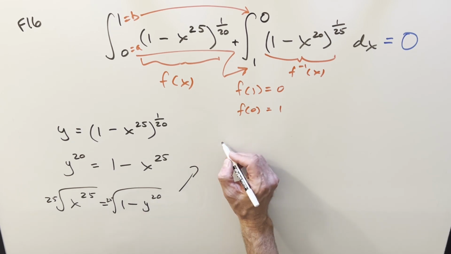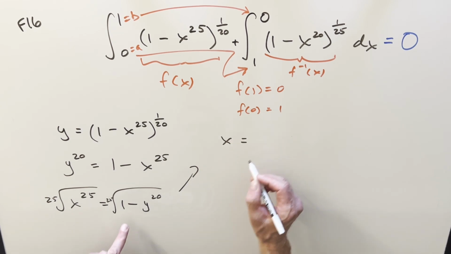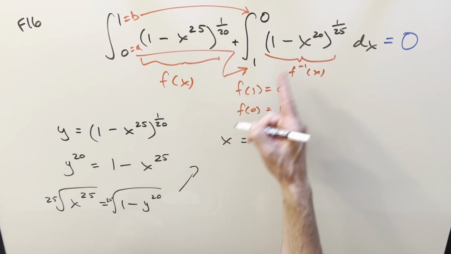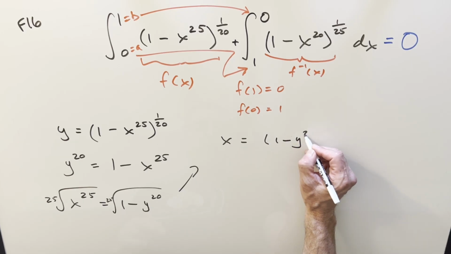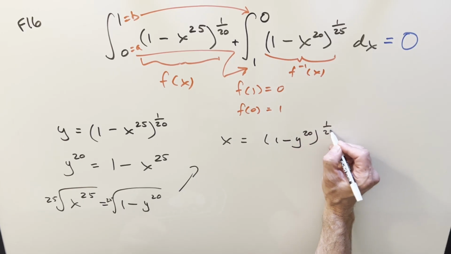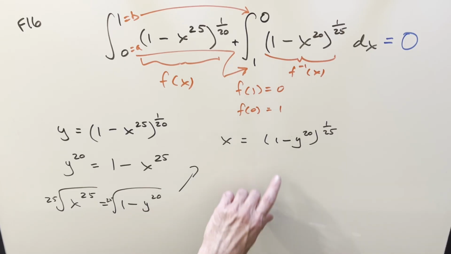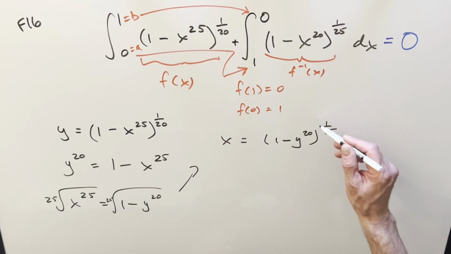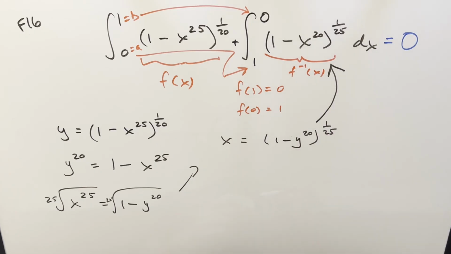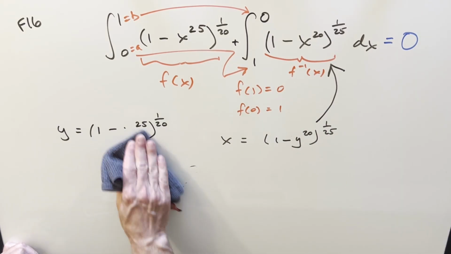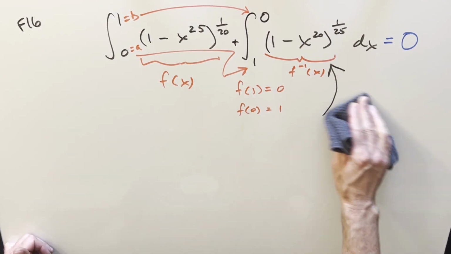Doing that, we isolated our x, and we'll write it in this kind of notation. So we have here 1 minus y to the 20th, to the 1/25th. If you switch the variables back, put this back to x, you get exactly this right here. So that shows that these are inverses. And with that information right there, we're ready to use a formula and finish this thing off.